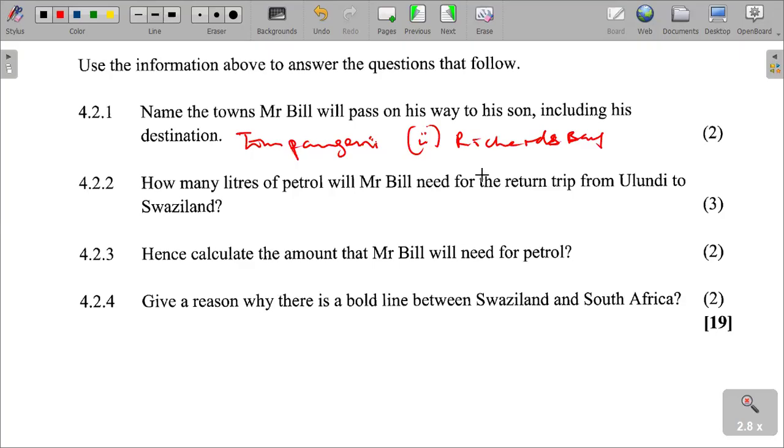So in terms of number of liters, how many liters does he need? This is equals to what? It's equal to 660 over the cost, we are saying it is 19 rand 63.